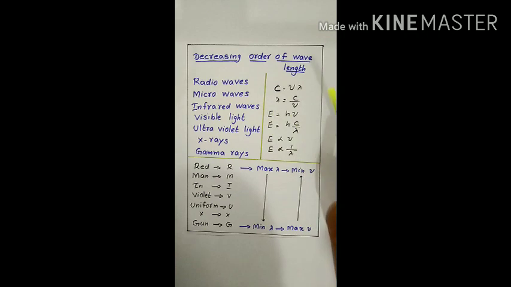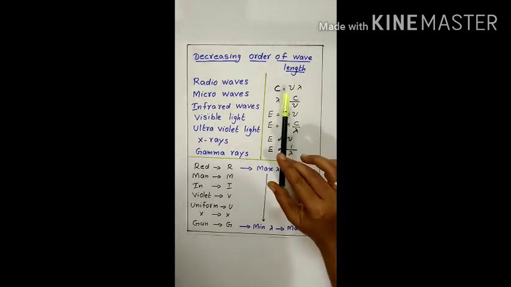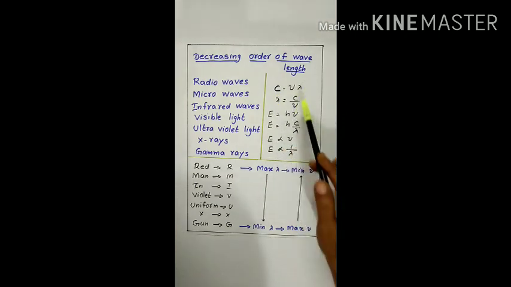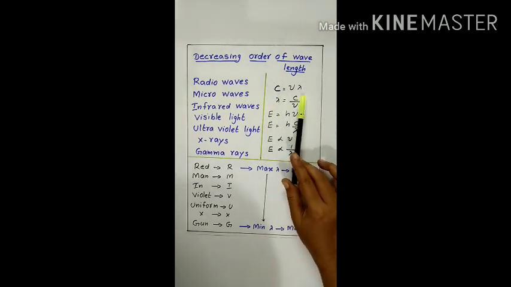There is a relation between wavelength, frequency, velocity and energy of the EM waves. Velocity of the electromagnetic wave is equal to velocity of light. So, the relation between velocity, frequency and lambda is c equal to nu lambda.